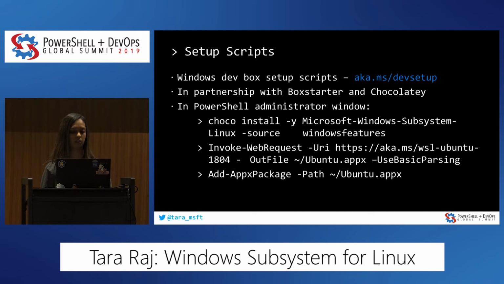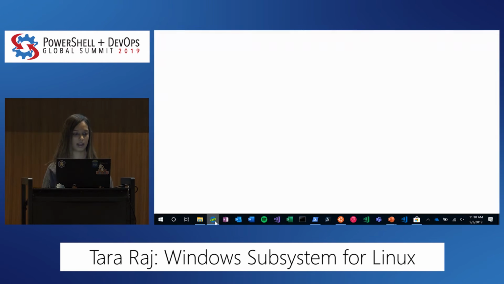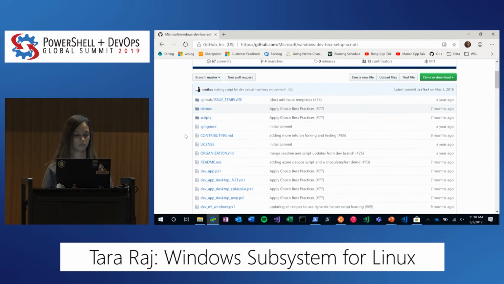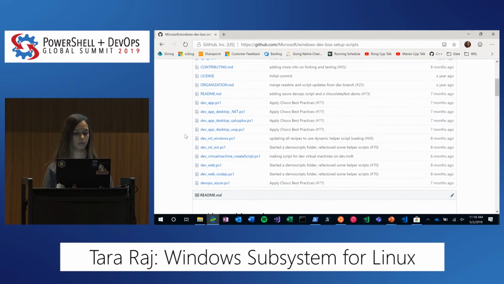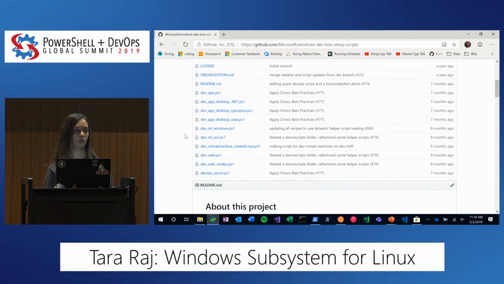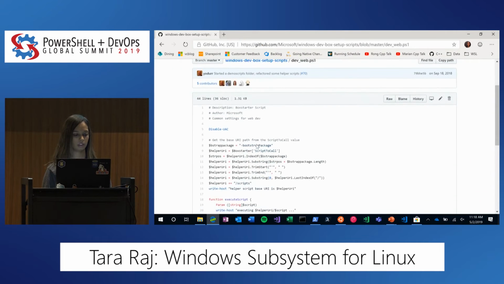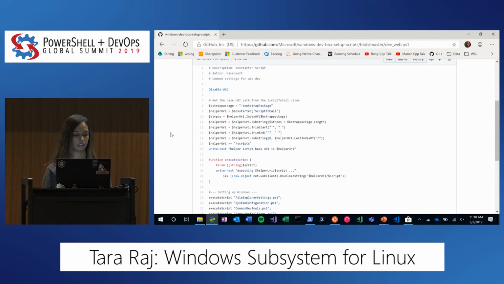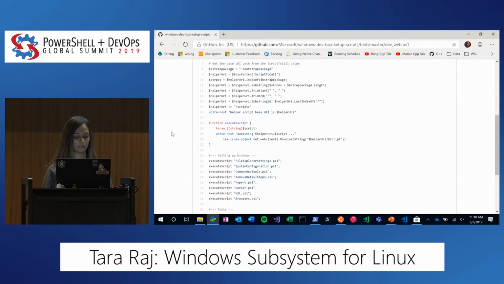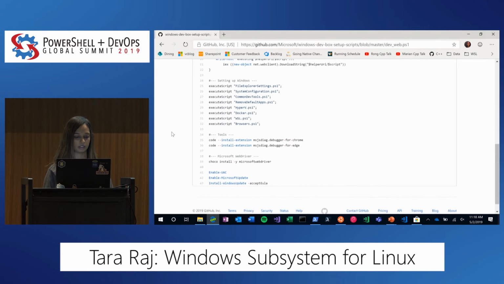I'll go to the GitHub page that we have this on real quick as well, so you can see what kinds of things we have there. We have quite a few scripts that you might want to run. For example, we have one for web developers. Going through this script here, I can point out a couple of the things that we install.